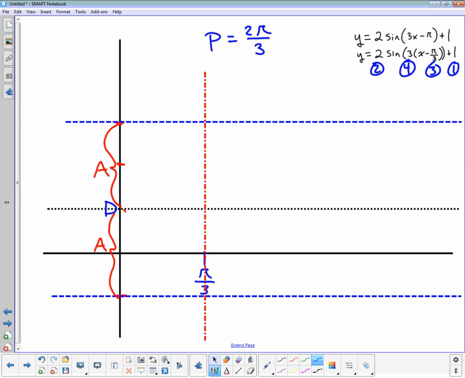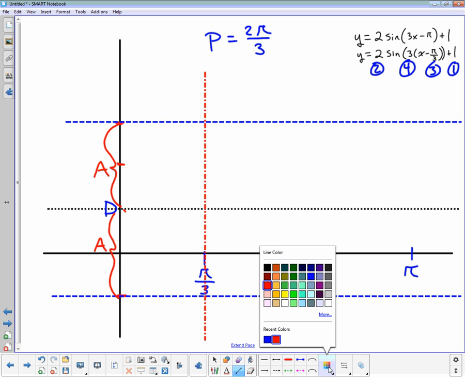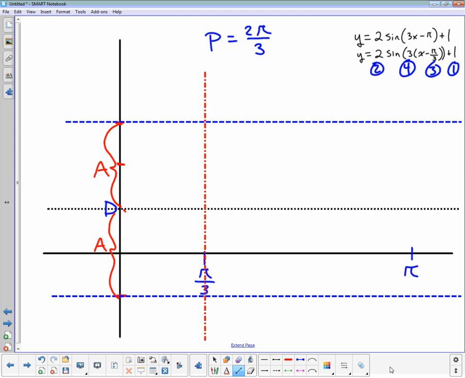And if I started at pi over 3 and I added 2 pi over 3, where would it end? Pi over 3 plus 2 pi over 3, which is pi. That's where the wave ends.